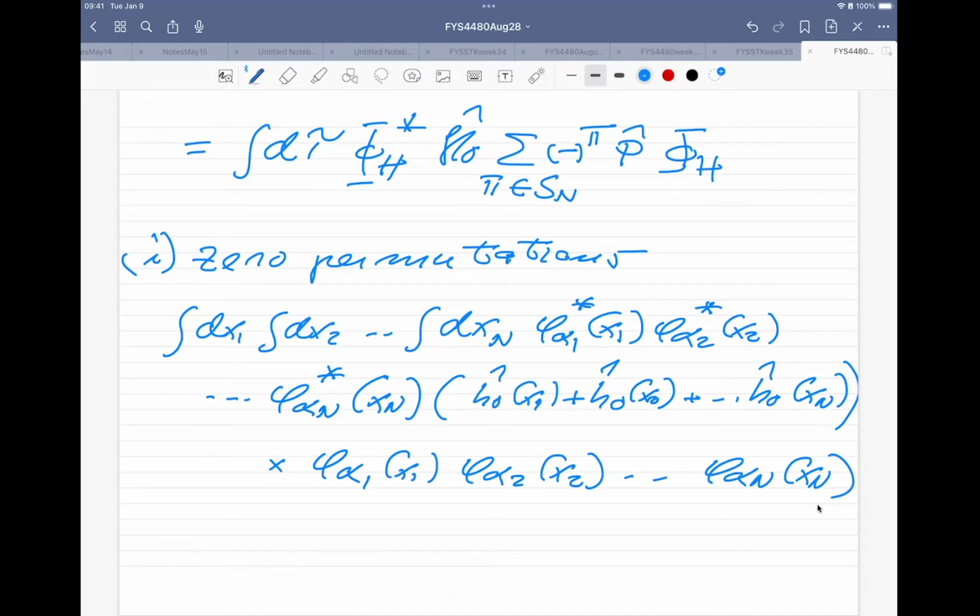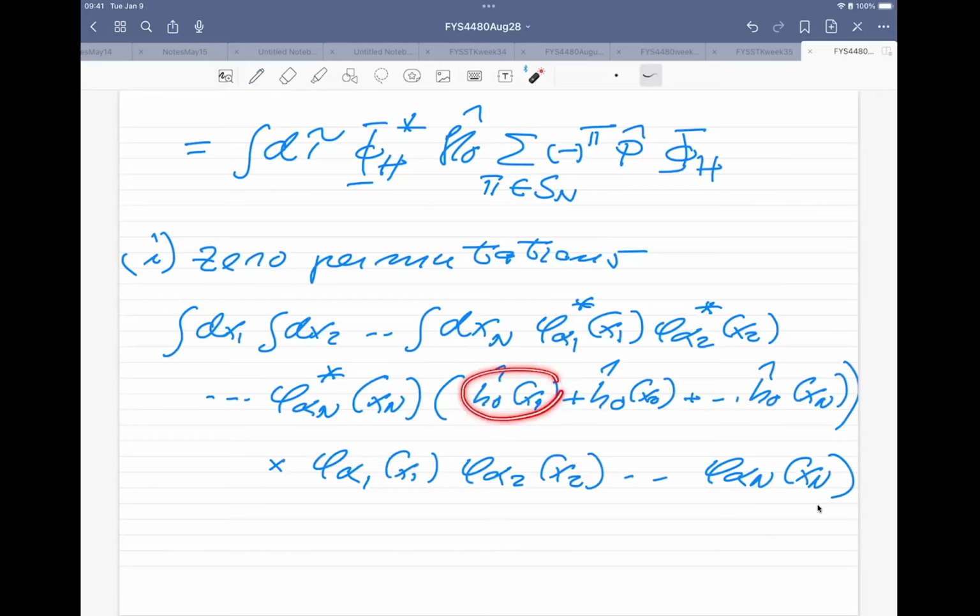Now, if you look at this, what you see is the following. Let's just try to match things here. If I take x1, obviously then I have phi alpha 1 and phi alpha 1 here. And if you pick one term here, where you have this one acting on that state, you see this is a sum. So each one of them acts on x1, x2, up to xn.